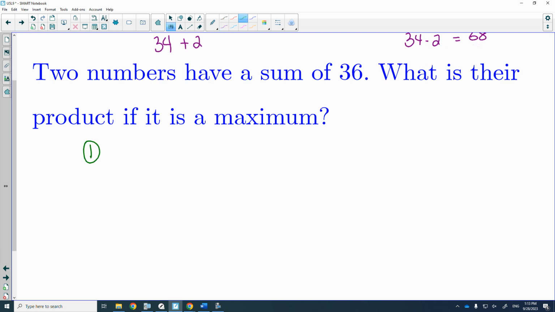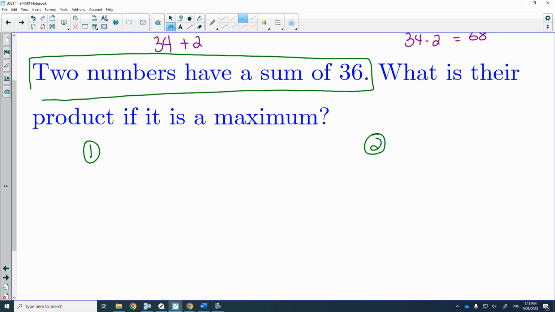So here's the thing. We're going to create two different equations. And the first equation is going to have to do with this sentence here. Two numbers have a sum of 36. So x plus y equals 36. The product of the two numbers will be my second equation.